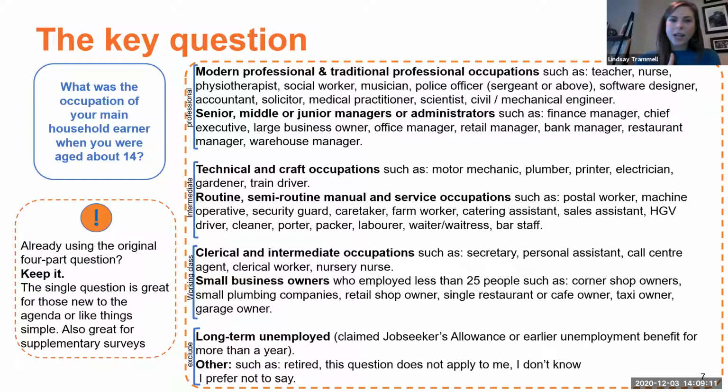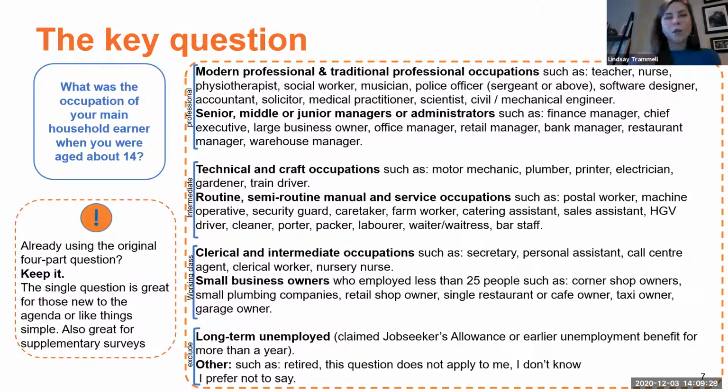But the thing to keep in mind is, if you are one of those employers who is actually already using the 4-part question, don't worry, absolutely keep it. This simplified version is perfect for those new to the agenda, and also is great for supplementary surveys.